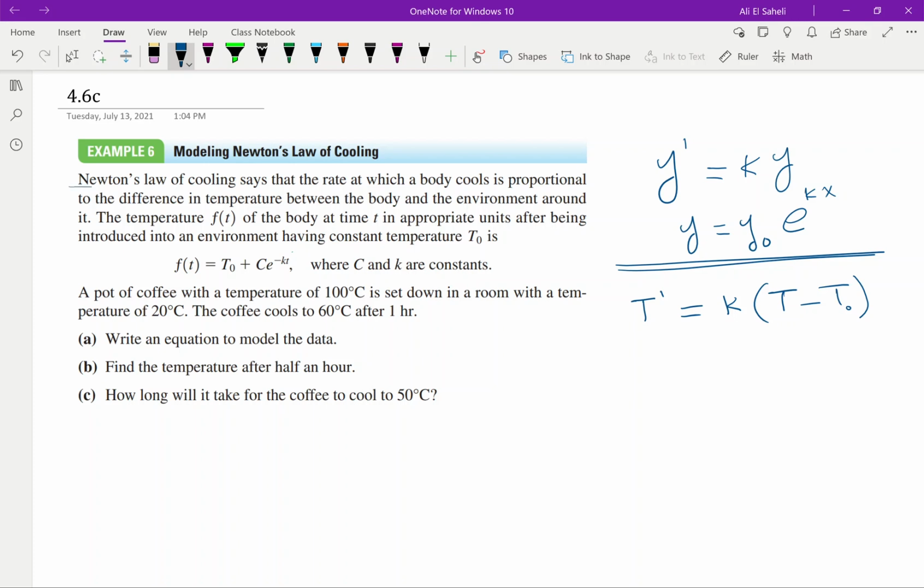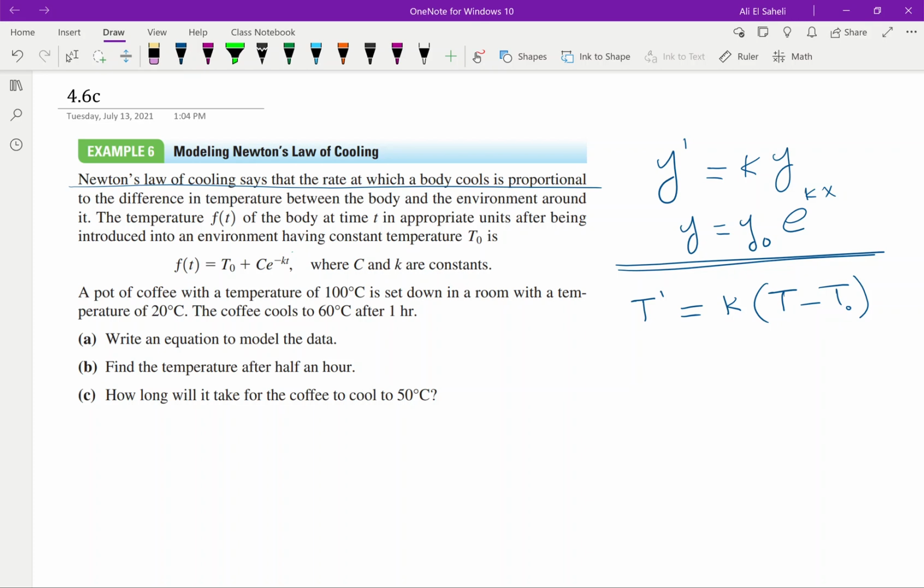So, Newton's law of cooling says that the rate at which a body cools is proportional to the difference in temperature between the body itself, so this is the temperature of the body, and the environment, the temperature of the environment around it.